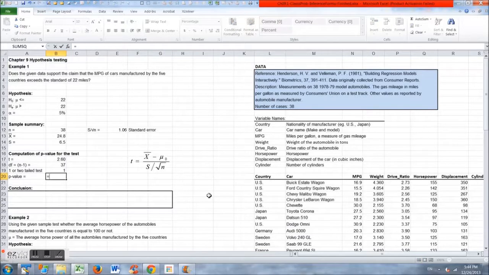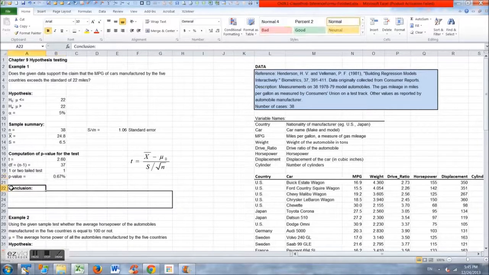So t.dist.rt, and we must use the absolute value of t always, and then the second parameter is degrees of freedom. Okay, so that gives us a p-value of 0.67%.